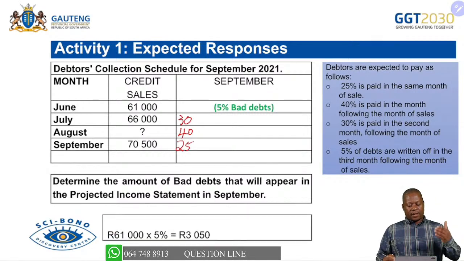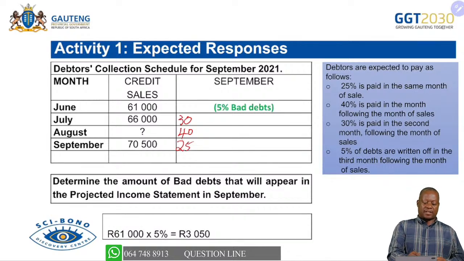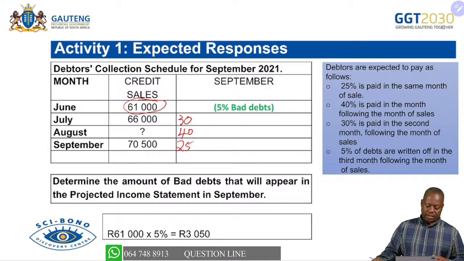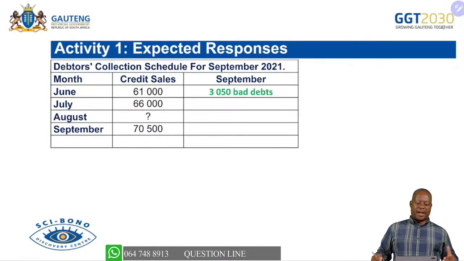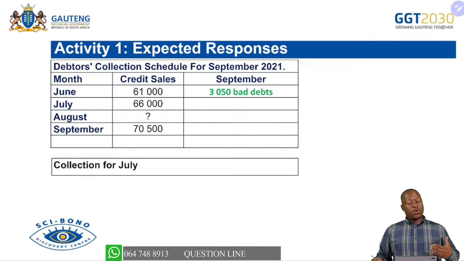Right. Now, how much is the figure that is going to appear as bad debt? Simply the 5% of 61,000. 5% of the sales of June will be written off in September. That is the figure for bad debts. Now, let's move on to the collection.